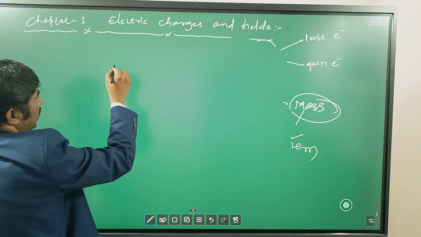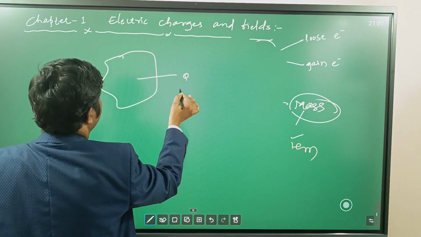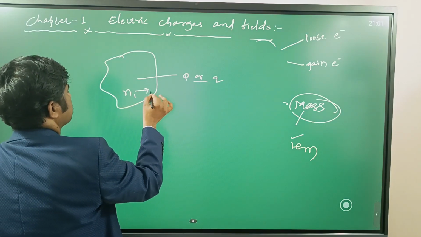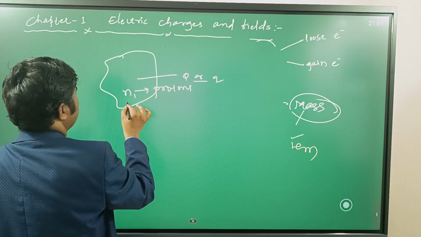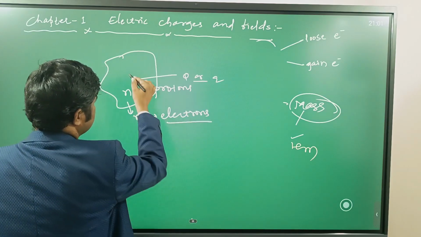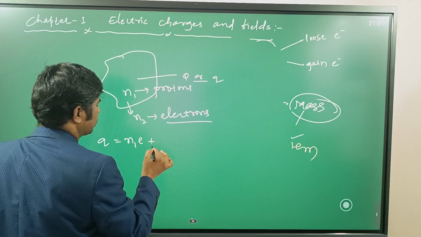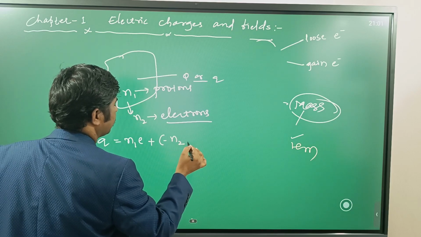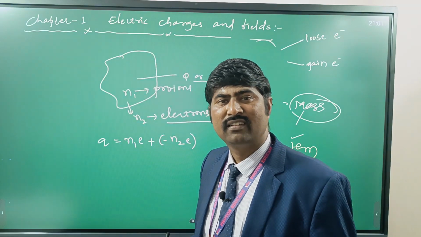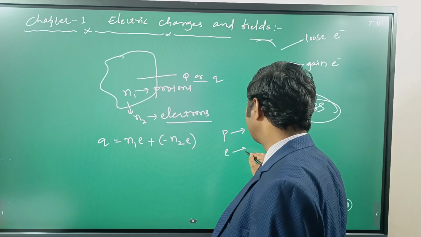Before that, the charge on a body can be represented as q, small q, or capital Q. If a body is having N1 protons and N2 electrons, then the total charge on the body is Q = N1 E ± N2 E. For arbitrary purposes, we consider protons positively charged and electrons negatively charged.